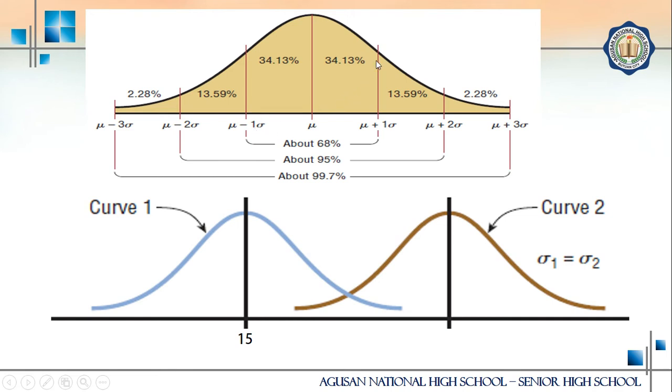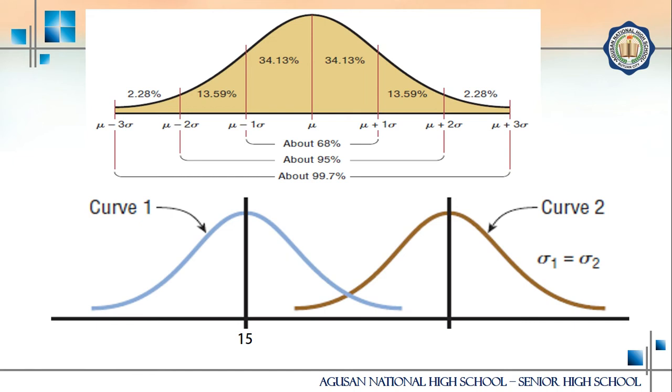And for one standard deviation above the mean, the formula is mu, or mean, plus 1 standard deviation. In this case, the standard deviation is 4, so 1 times 4 is 4. The mean is 15, so 15 plus 4 is 19. So the one standard deviation above the mean is 19. And one standard deviation below the mean is 15 minus 4, which is 11.